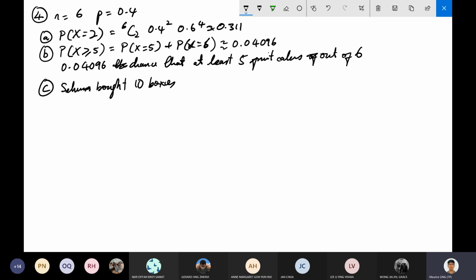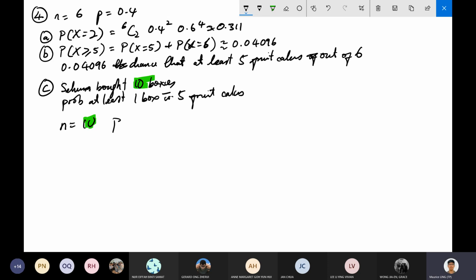So you want to find the probability that there is at least one box with 5 fruit cakes. Now, n equals 10, because here n equals 10.